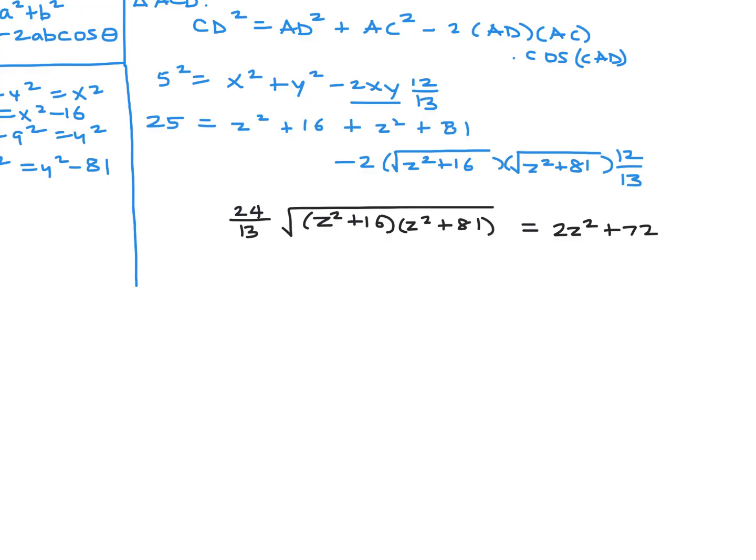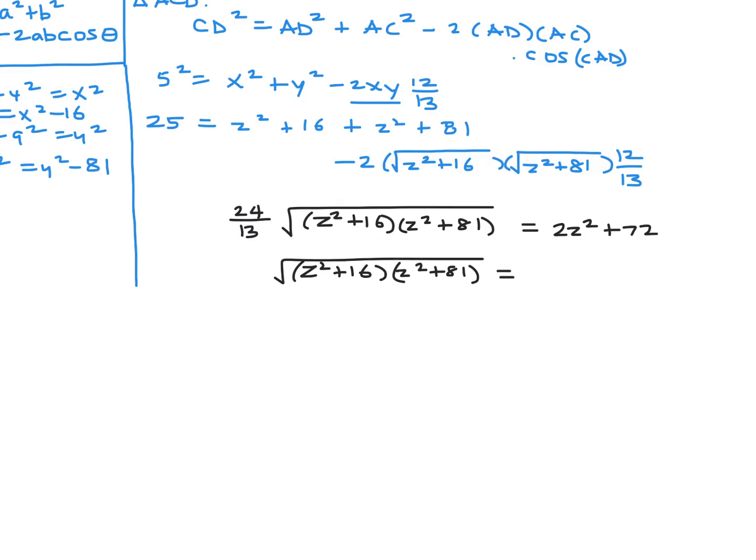And then, what do I do now? Clean it up a bit, and then just leave this whole radical by itself. And then we'll have to square both sides. Oh boy, that gets really messy, right?